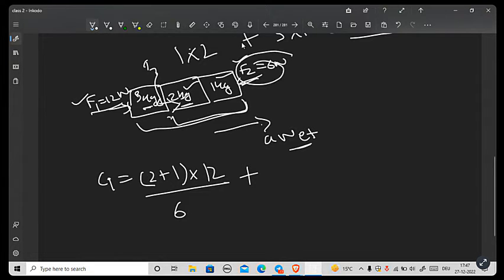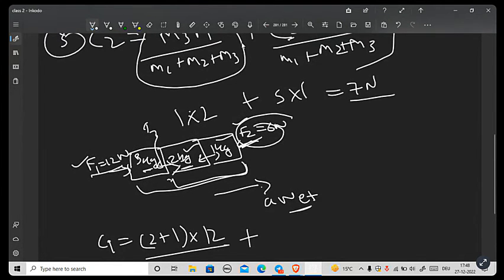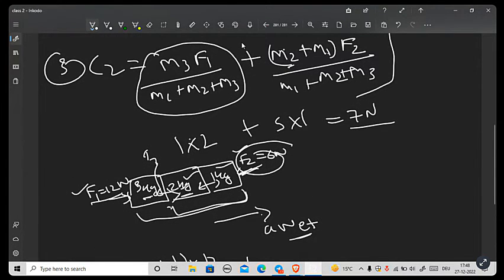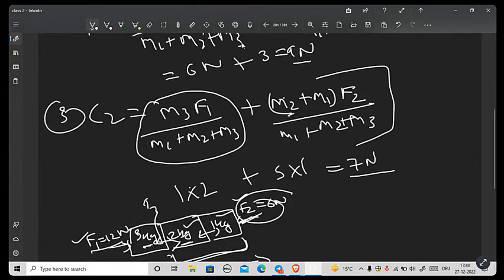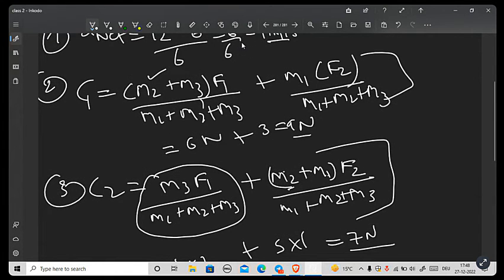Now, F2 force is acting on the 1 kg block. So it will be responsible for pushing both the 3 kg and 2 kg block. Do you get it? It will be responsible for pushing both the 3 kg and the 2 kg block.